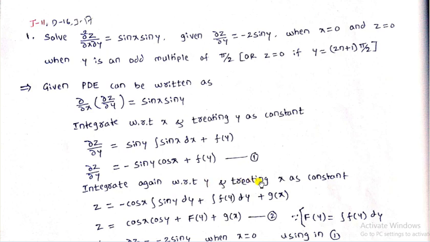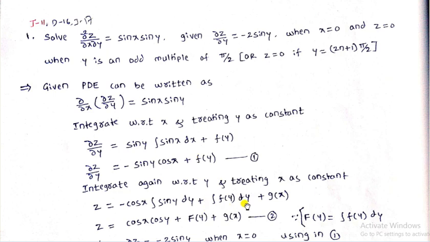Then we integrate equation number 1 again with respect to y, treating x as constant. The integration of dou z by dou y is z, so dou by dou y cancels out and the remaining term is z. On the right hand side we treat x as constant, so we integrate sin y, plus the integration of f of y dy.